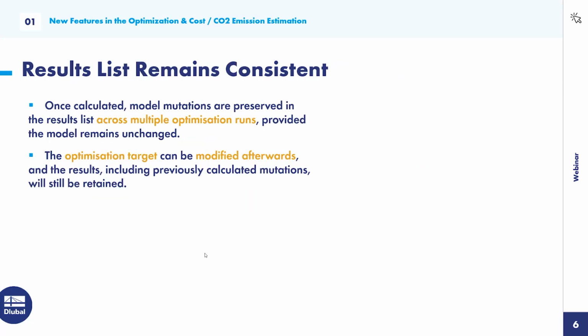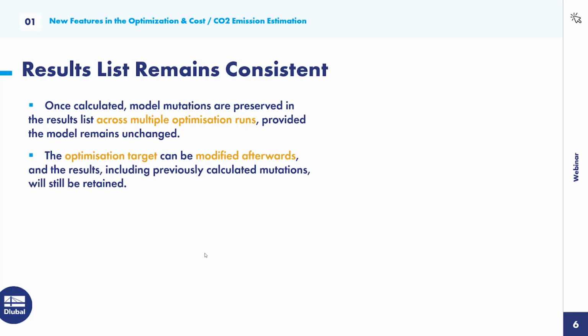The second one, also regarding the results list: we are now collecting every result from all model mutations, even across multiple optimization runs. In the past, we started a new list every time you started a new optimization run. Now we changed that.